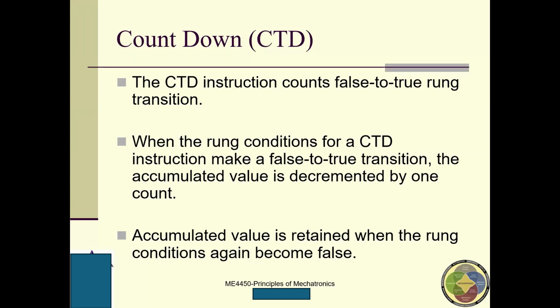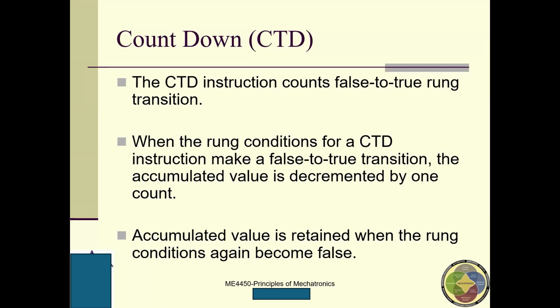But why is one called up and one called down? Because counter up means if you have one more transition, the ACC increments by 1. That is why it is counter up: the ACC is going up, not the transition going up.